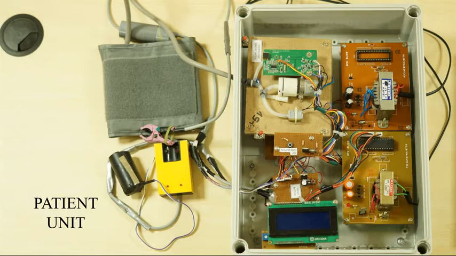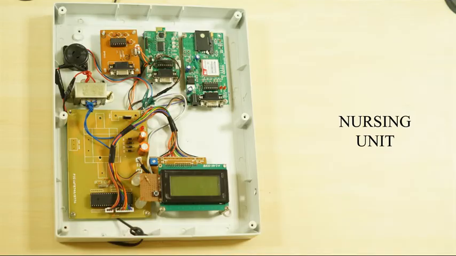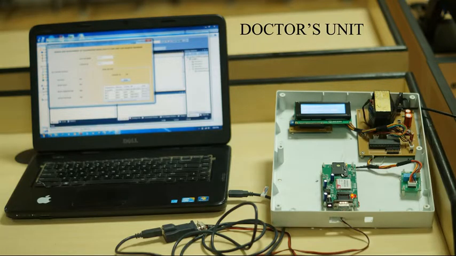The nursing unit displays the parameters on a 16x4 LCD and performs an alarming algorithm to alert about the patient's abnormal status. From this station, parameters are sent to the doctor's unit via GSM modem. The doctor's unit is interfaced with a computer for presenting data in a user-friendly manner with data logging.